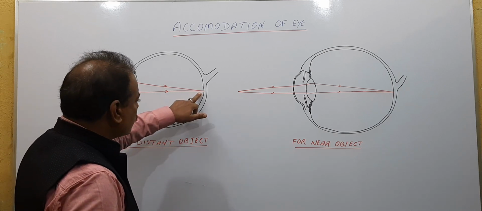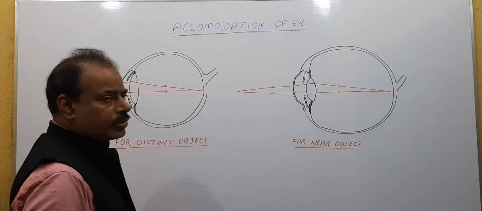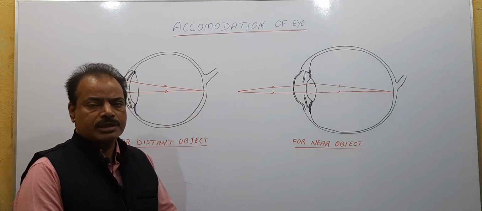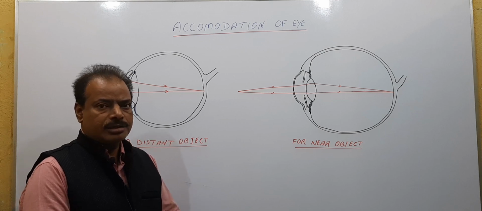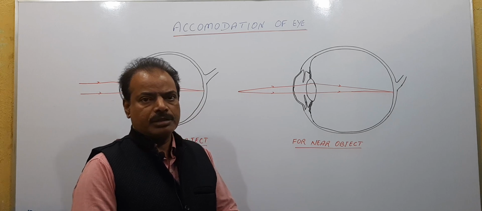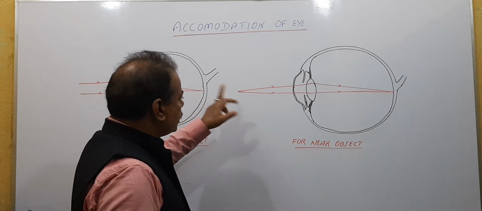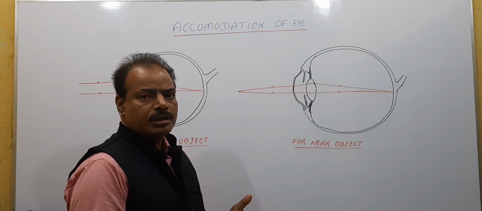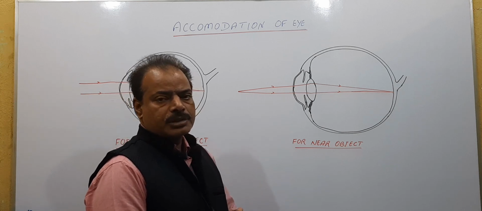So the yellow spot, which is located at the center of the horizontal axis behind the lens on the retina, is the best vision area. So light rays reach this yellow spot, and here an image forms.